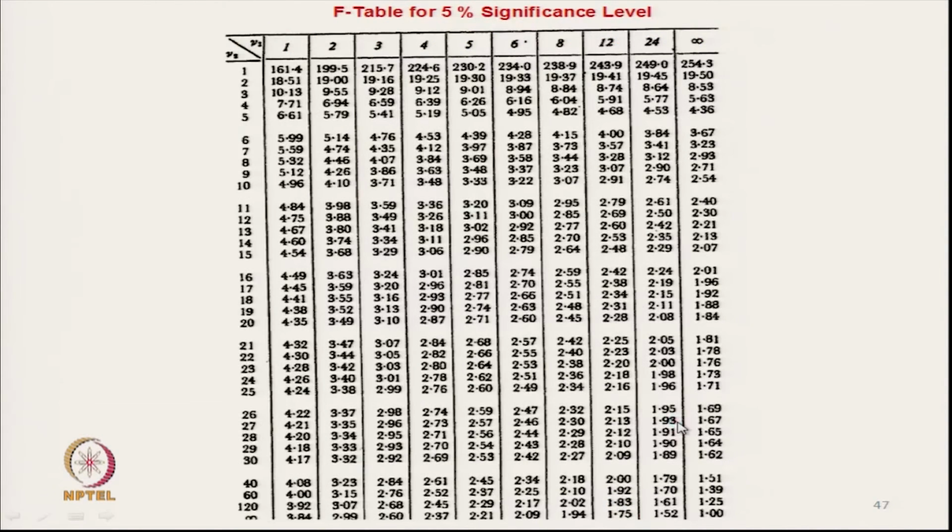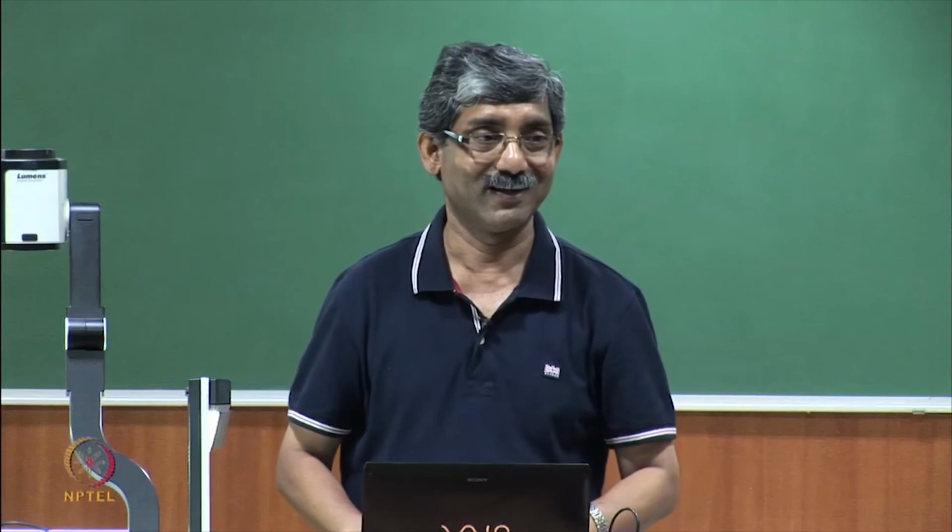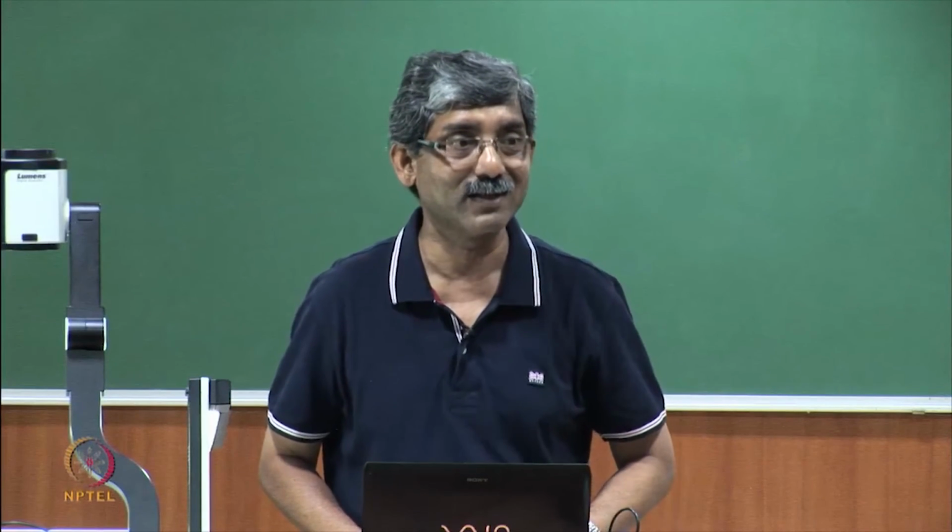This is true at 5% level also, for both infinity degrees of freedom 1 and degrees of freedom 2, it has become 1, which is actually against our assumption. What was our assumption?